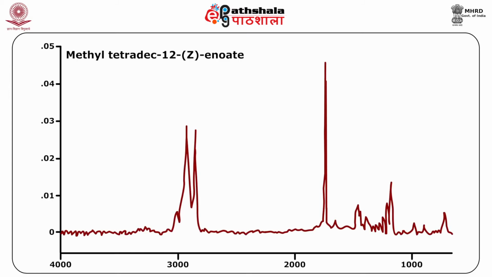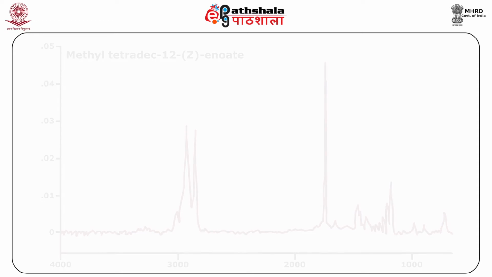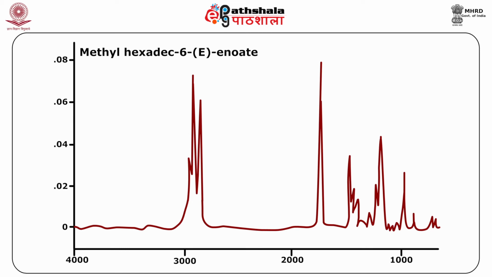For example, the trans configuration of methyl tetradec-12Z-enoate gives a characteristic band at 965 cm inverse, while the cis configuration of methyl hexadec-6E-enoate, that is the E isomer, gives a weak band at 1640 cm inverse and a medium band at 3020 cm inverse.